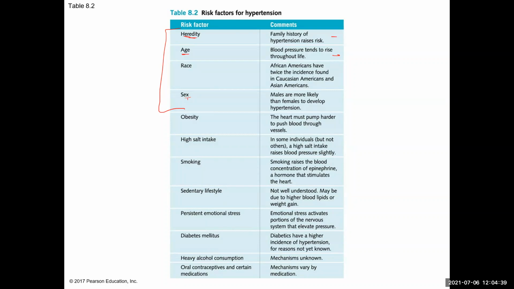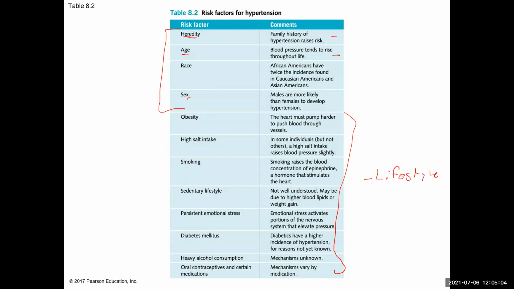Males also tend to have higher incidences of high blood pressure compared to females. And so you want to look at your combination of these factors to see what your risk is for high blood pressure.